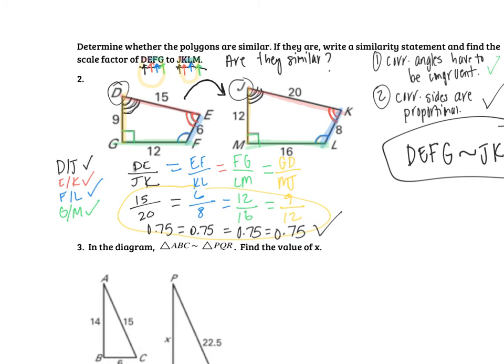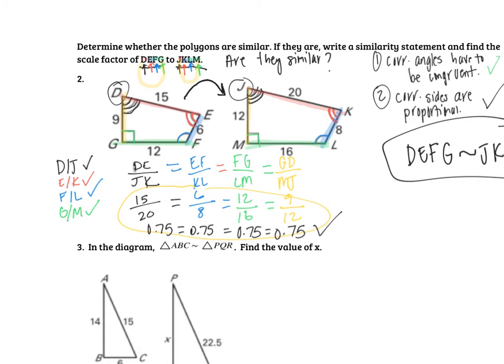What's true, and we found this out because the corresponding sides were proportional, is that to get from each side length on DEFG to each side length on JKLM, we're going to multiply by the same number. Notice how we got 0.75 when we looked at our fractions, our proportions. That is a scale factor.